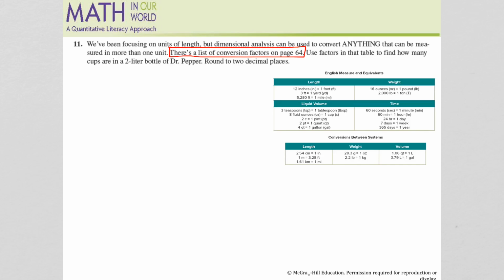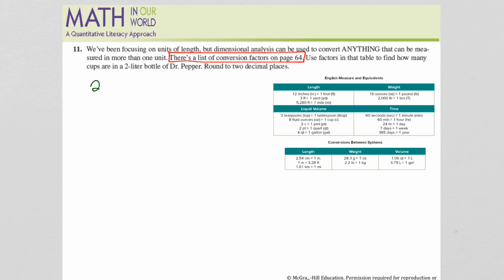Okay, so first of all, we're taking a 2-liter bottle and we're converting it to cups. Okay, so over here we need to find liters. And we don't have anything that says liters to cups.